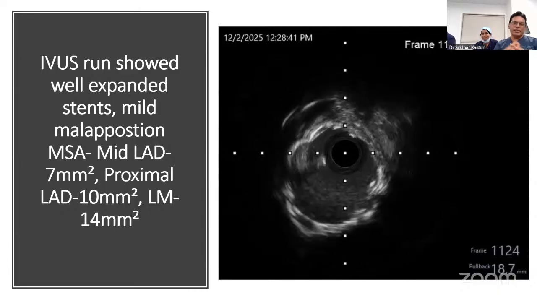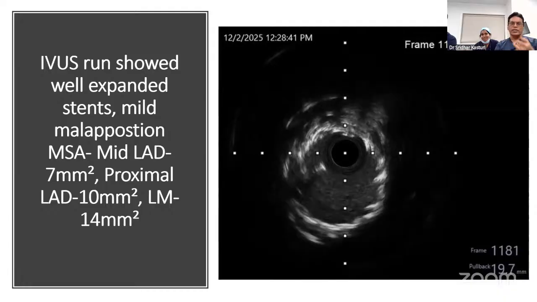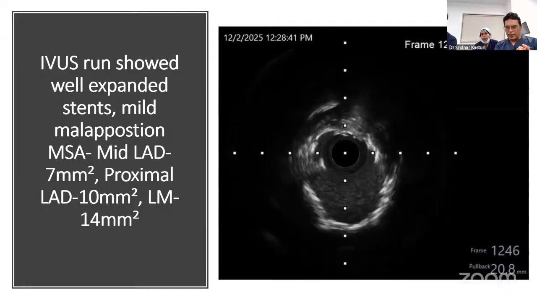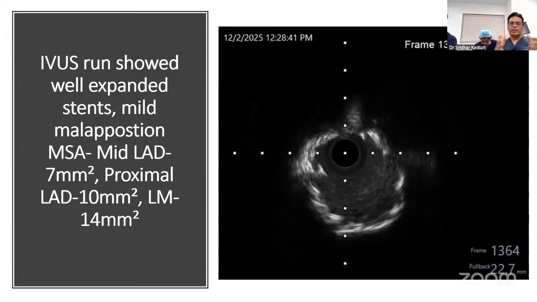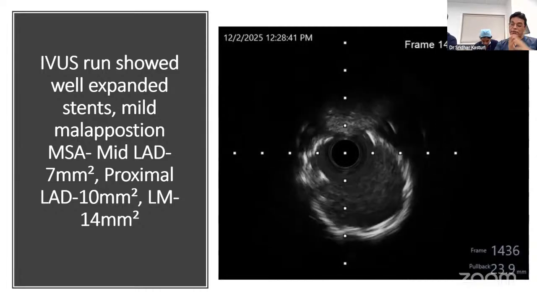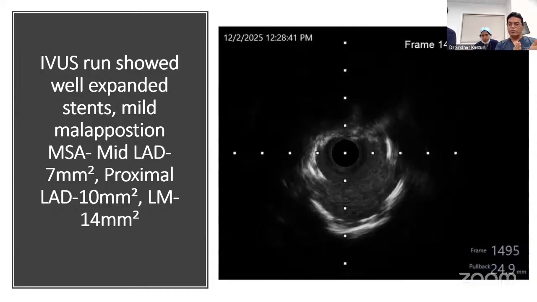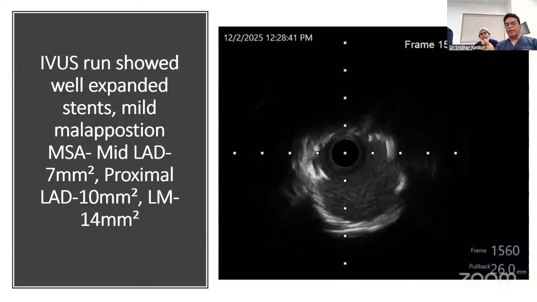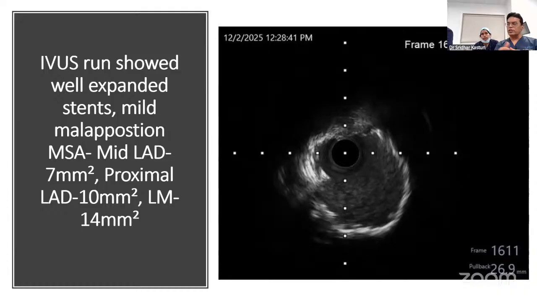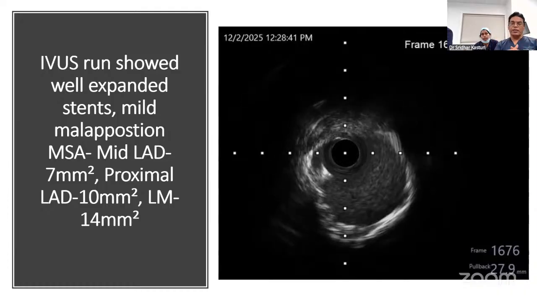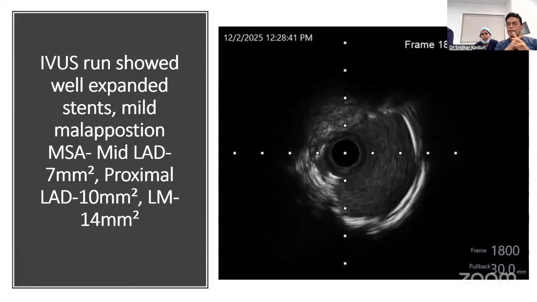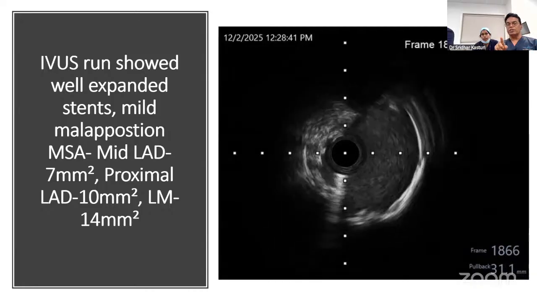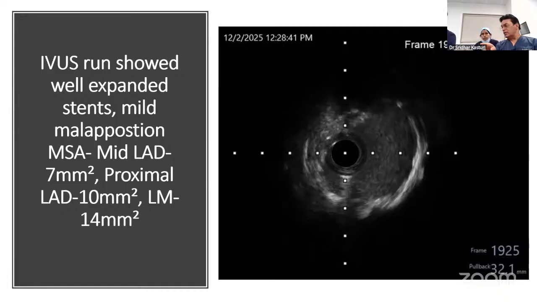Regarding the left main area, there are two studies, EXCEL and NOBLE. They compared a subset analysis. In NOBLE especially, they compared 10 to 14 and below 10 square mm with persons who achieved more than 14 square mm. Persons who achieved more than 14 square mm got an extremely good result compared to those with MSA less than 10.